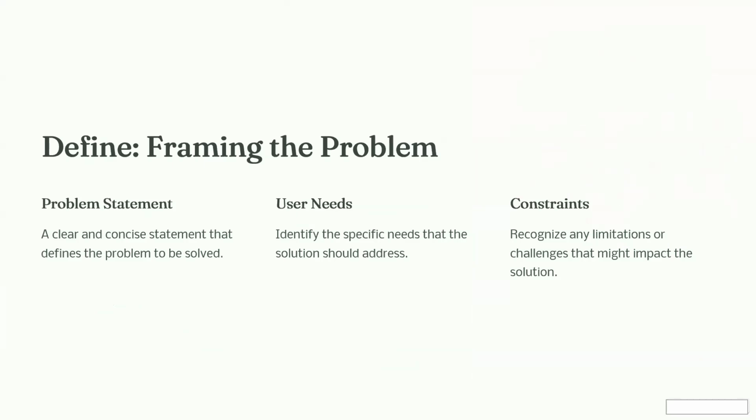Then framing the problem. Under framing the problem, you are first of all creating the problem statement, user need, and constraint. So under problem statement, you define, oh, the user is having problems with getting food early to his office. So what is his need? He wants food to be made available for him in his office immediately. But then what are the constraints? The constraint is location, the constraint is payment, the constraint is delivery, or there is food, but the delivery process is quite high.